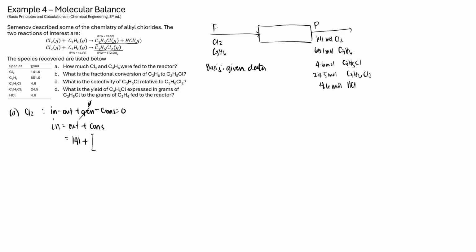So that's our basis here. I'll use the moles of C3H5Cl. And then 1 mole of that gives me 1 mole Cl2. And then 24.5 moles C3H6Cl2.